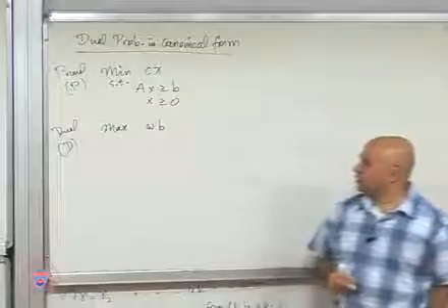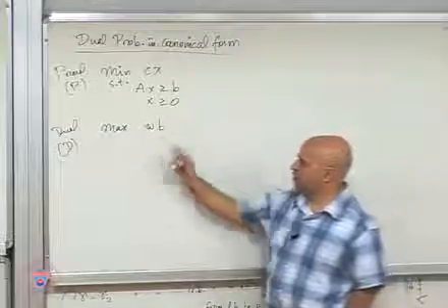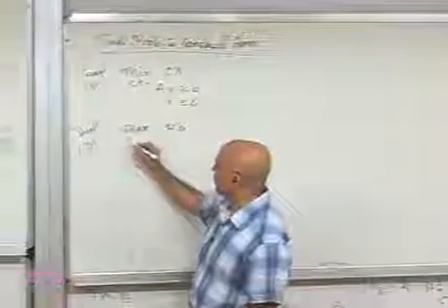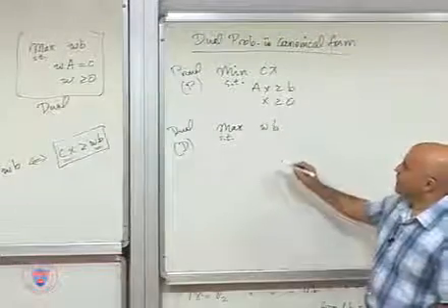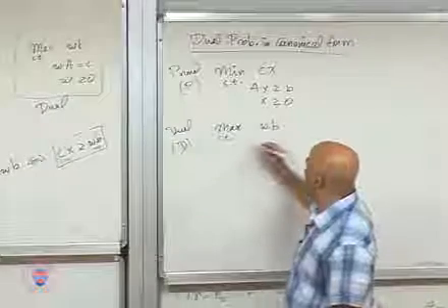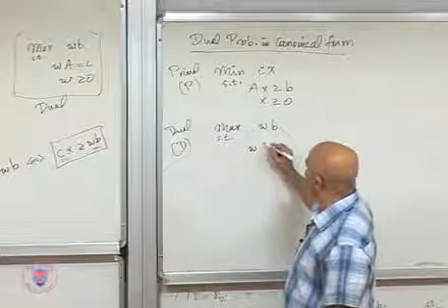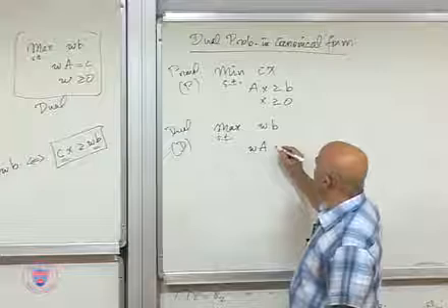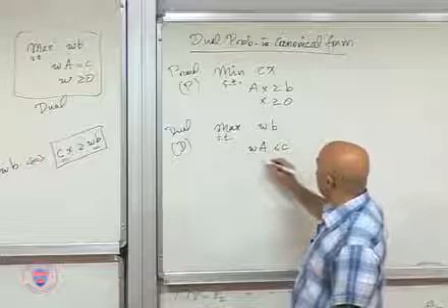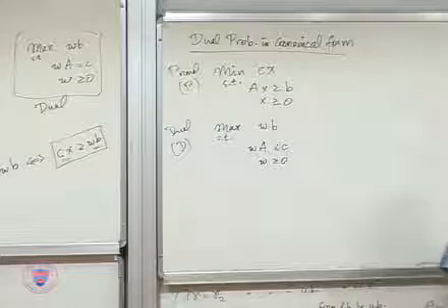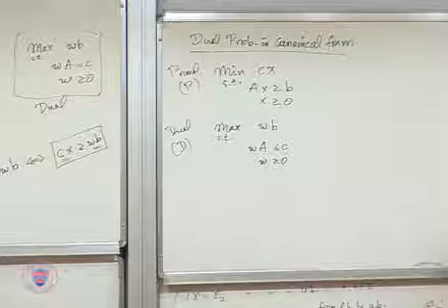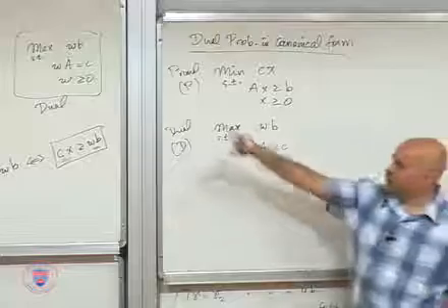It's the row vector w times the column vector b, so the objective function is precisely the same, subject to wA less than or equal to c with w non-negative. That's what you get. You would be able to get this from the foregoing idea.